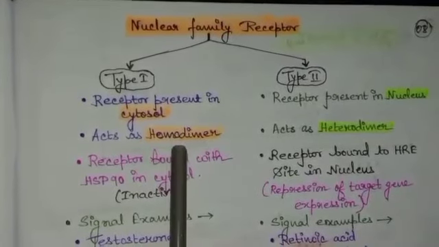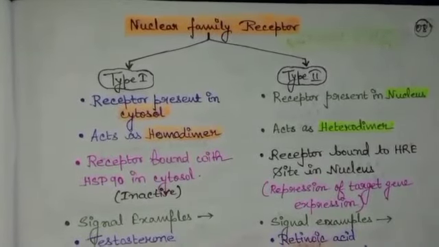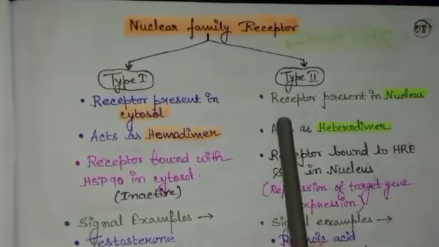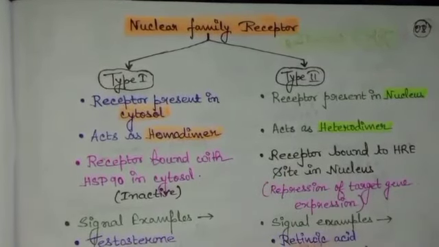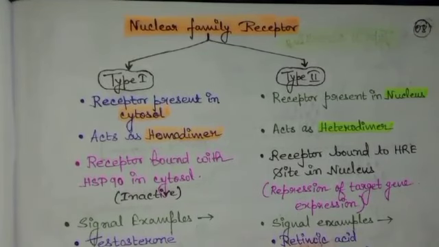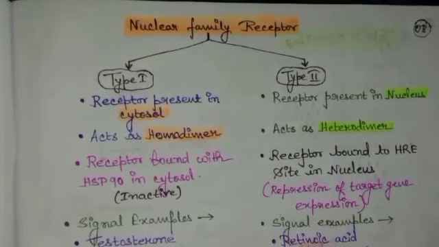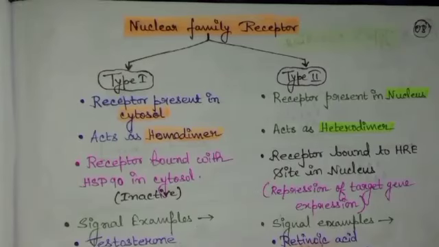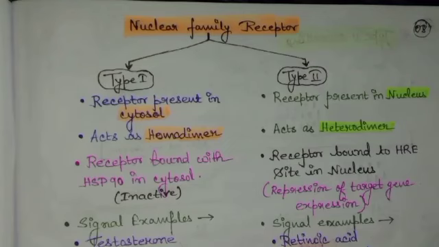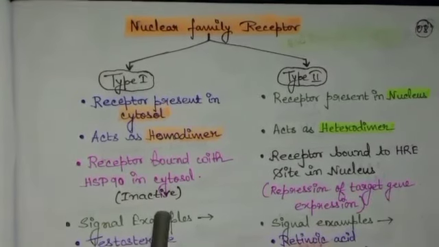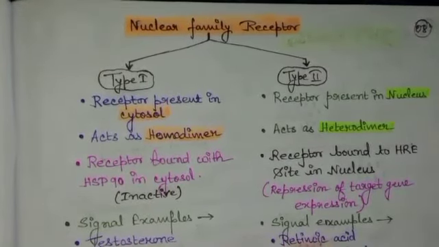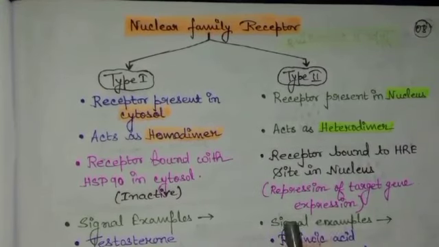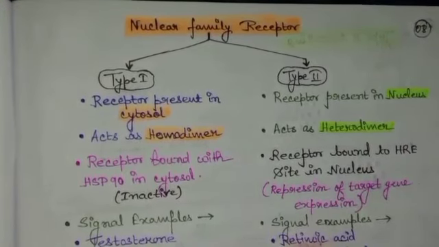The receptors present in cytosol act as homodimers, whereas receptors present in nucleus act as heterodimers. The type 1 receptor is bound with HSP90 in cytosol, and type 2 receptors are bound to the HRE, hormone response element, in nucleus. When bound with HSP90, it is in an inactive state, and when it binds to the hormone response element, it will be activated, and the target gene will be expressed.